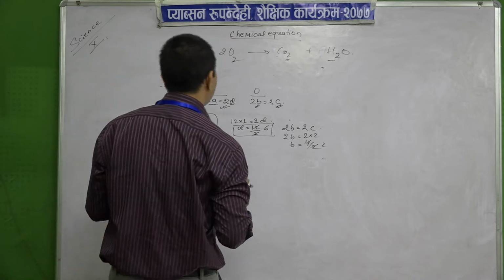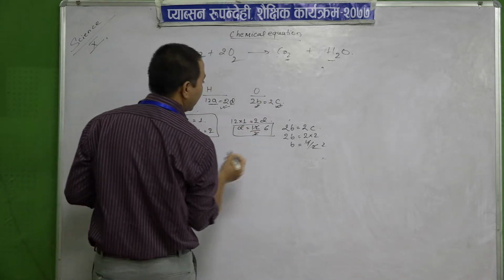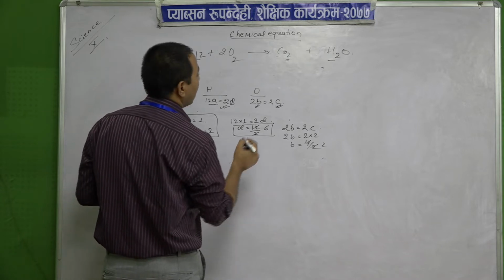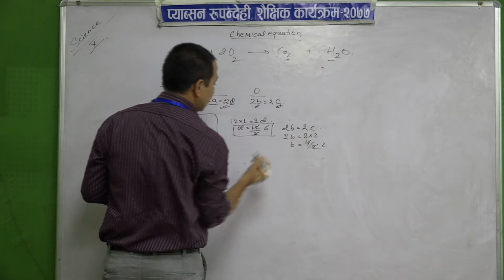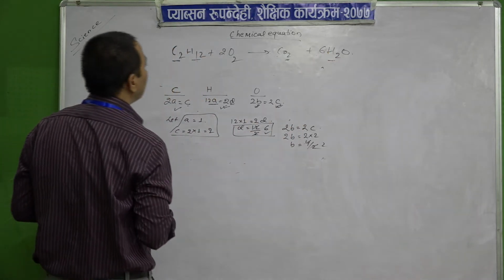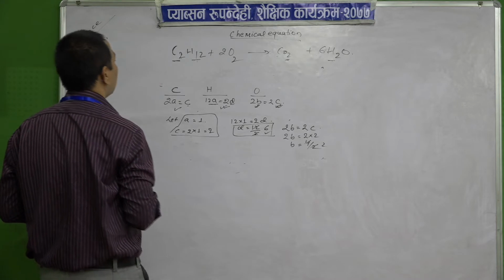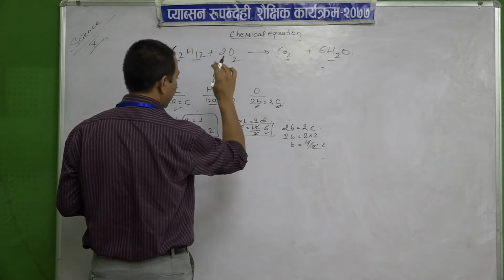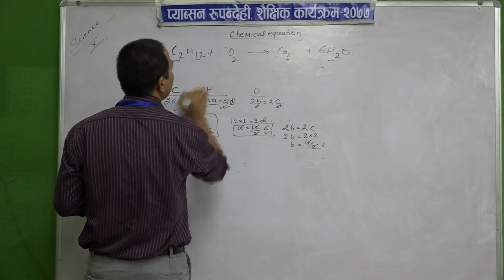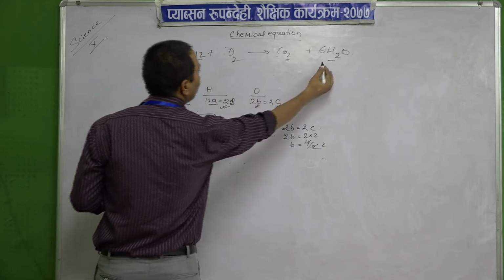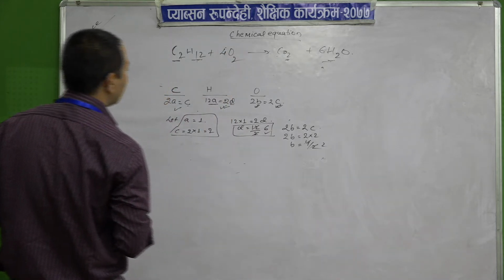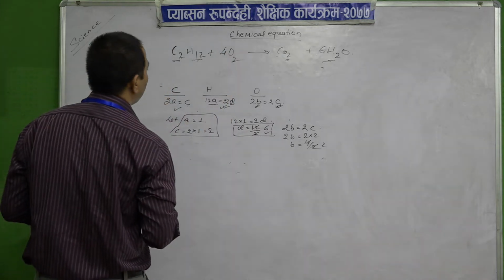Then carbon C and D equals 6. Also, 4, 8. It must be 12, 6 to 12, 4 4 8. B equals 4.